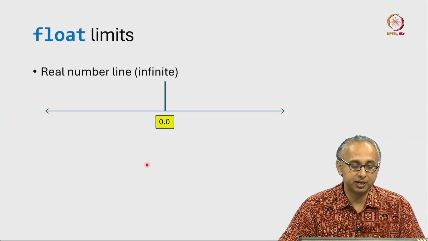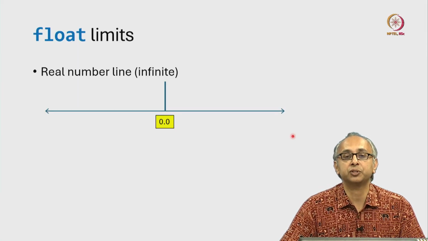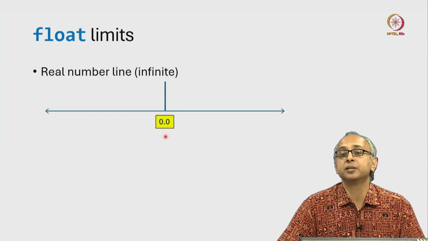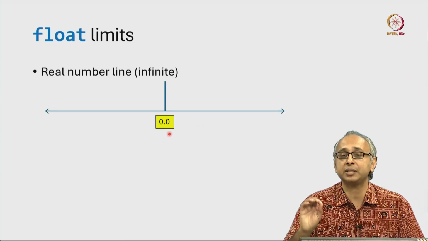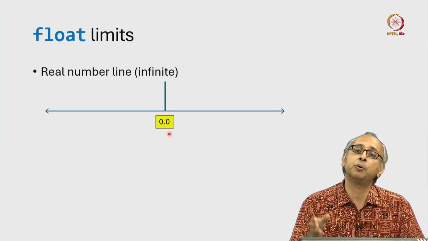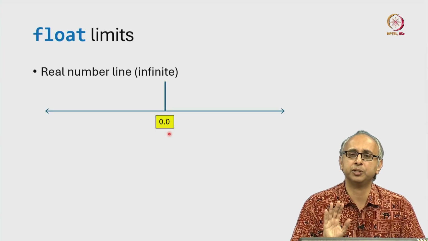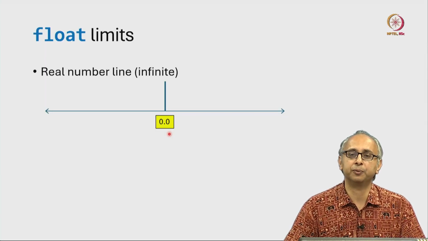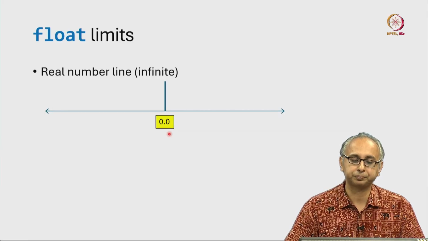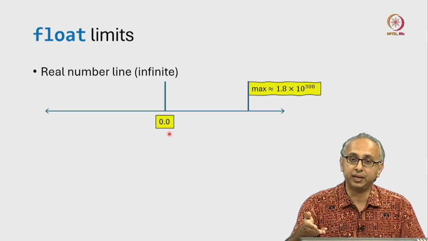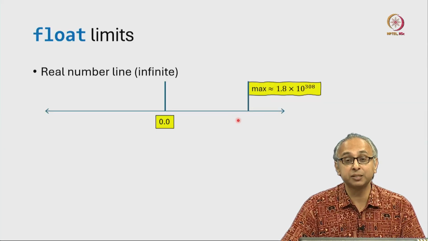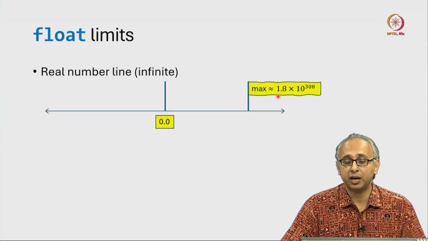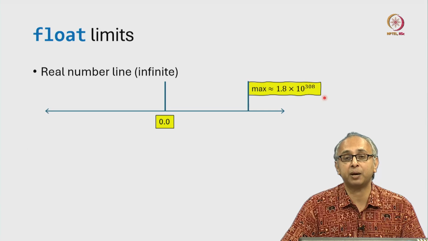So if I imagine the number line, which is infinite in both directions, the middle of that is 0, the real number 0. And it turns out I can precisely represent the real number 0 as a float. 0.0 truly is the real number 0. But as we have seen on this system, the maximum representable float is around 1.8 times 10 to the power 308.